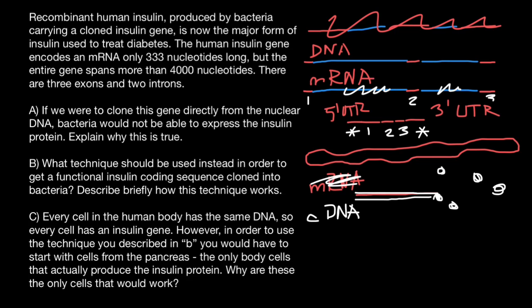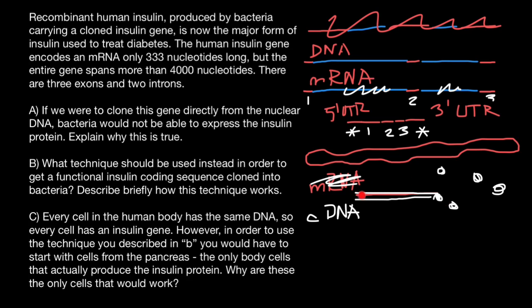C stands here for complementary or copy of the messenger RNA. But this is going to be a double-stranded DNA fragment which only has coding sequence and doesn't have the non-coding sequences, which are introns, only exons.